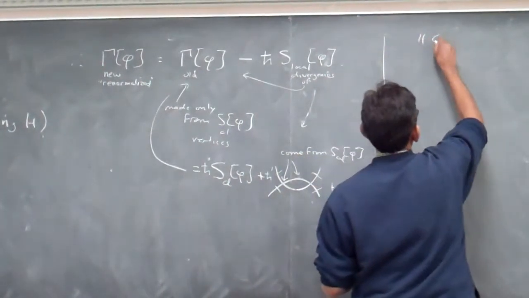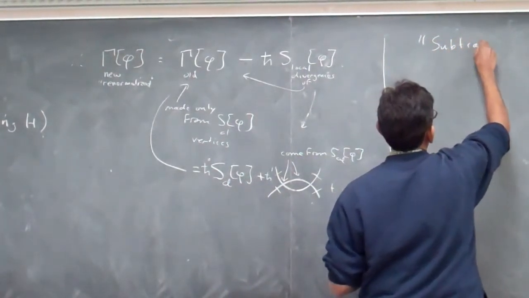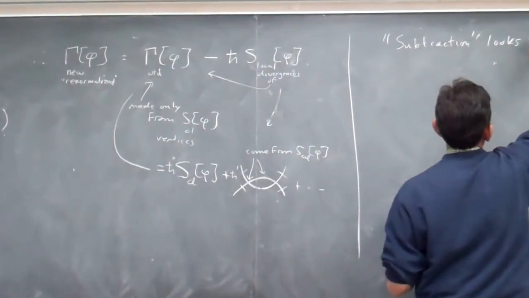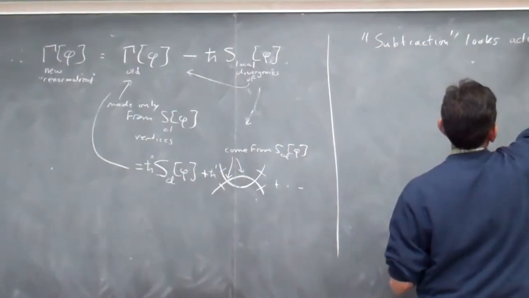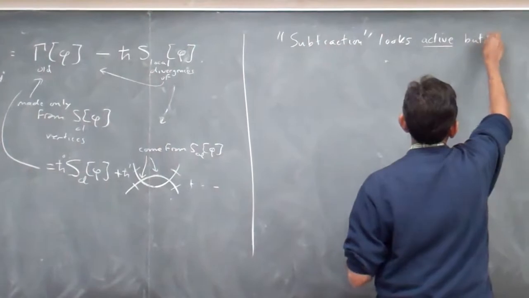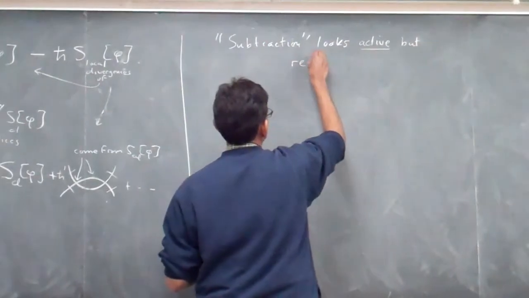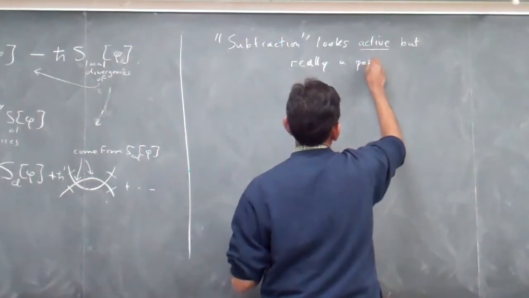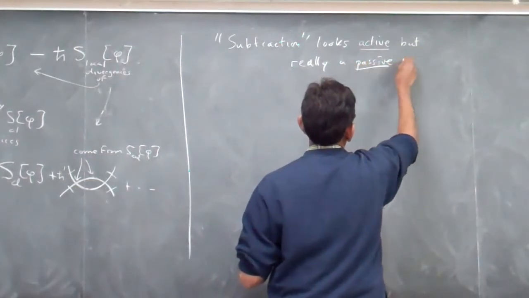So, subtraction looks like an active, but it's really a passive observation.